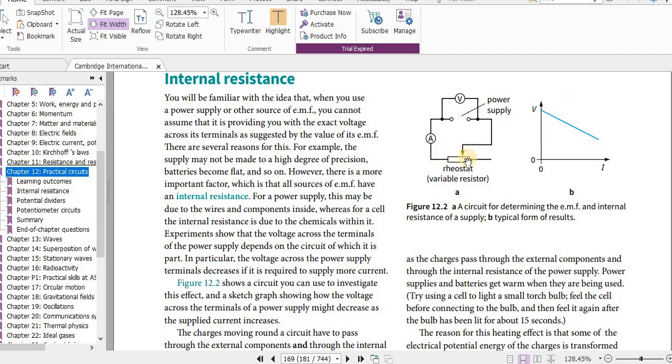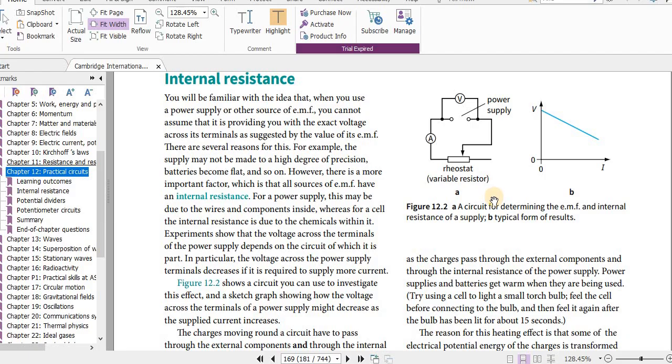That means when the length of resistance wire decreases, the resistance decreases. So when you move the sliding contact to the left, the resistance in the circuit decreases.